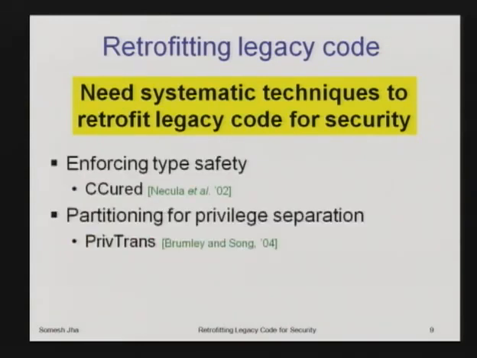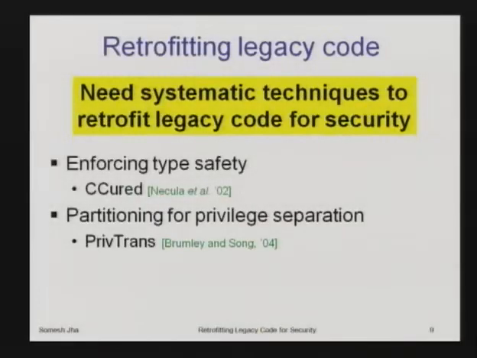So there is already some work on it. There is a very nice tool from George Necula's group at Berkeley called CCured. Initially you can think about this tool as retrofitting C code to do type safety. The idea is that in C, you add all the eager checks that you want. Every time there's a pointer dereference, you add a check saying it isn't a null pointer.